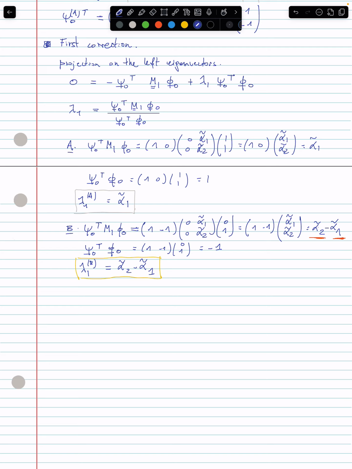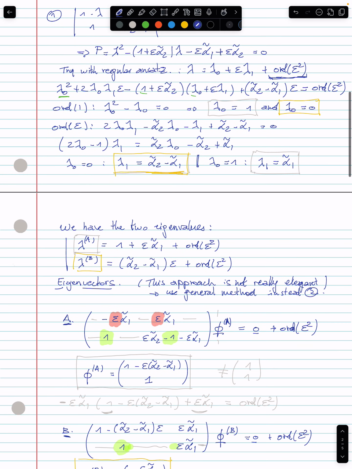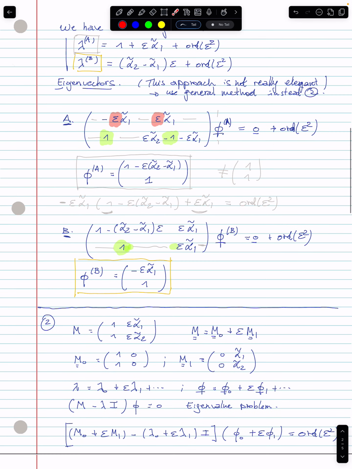So, in summary, I could just copy the same summary as the one we had earlier, but you see that we have the two eigenvalues, which are these. We got the leading order already for the eigenvectors.